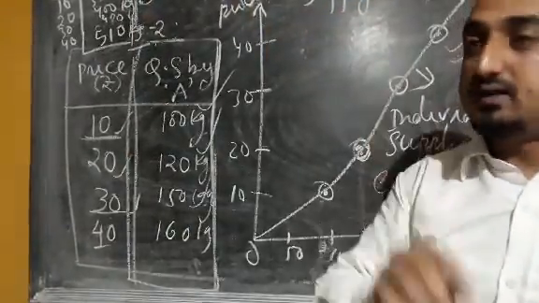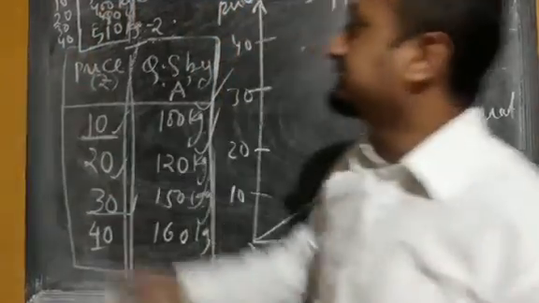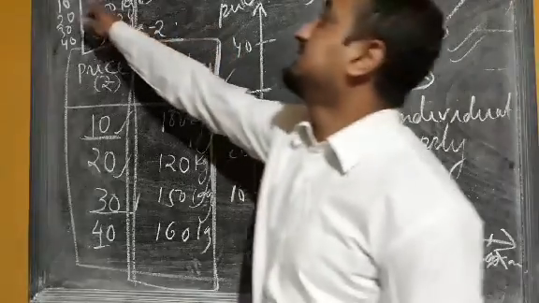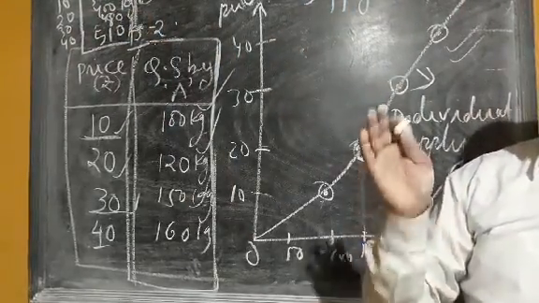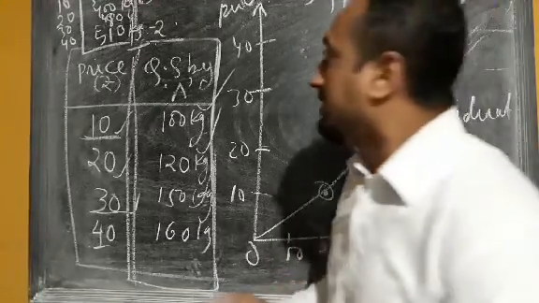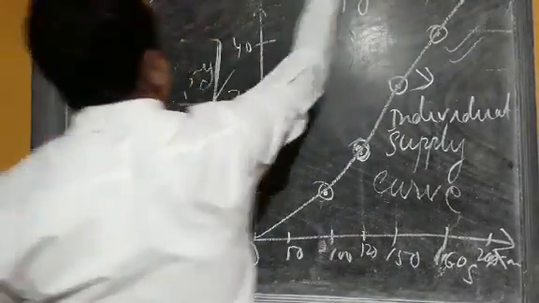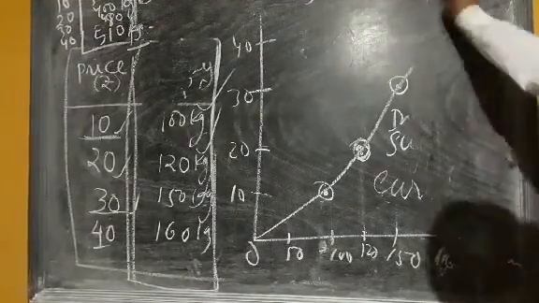At price 30, we have 480. And at price 40, we have 510. Now on the basis of this information, I will plot a graph, and that curve will be your market supply curve. So once again, I'm going to copy this information here, and I will show you how to derive that market supply curve.